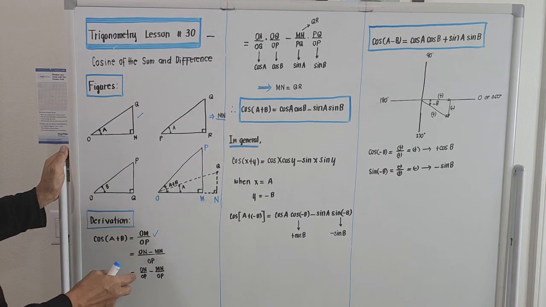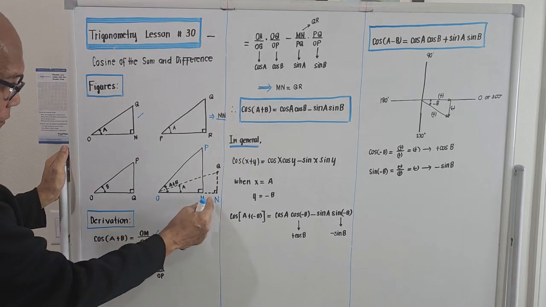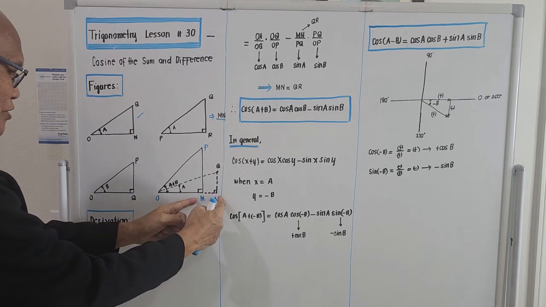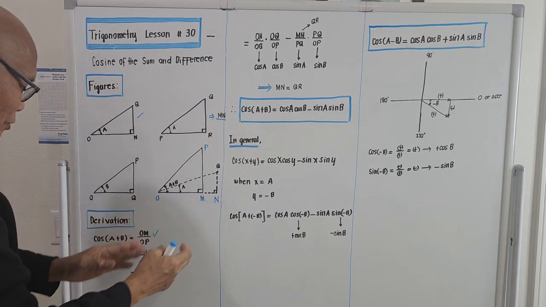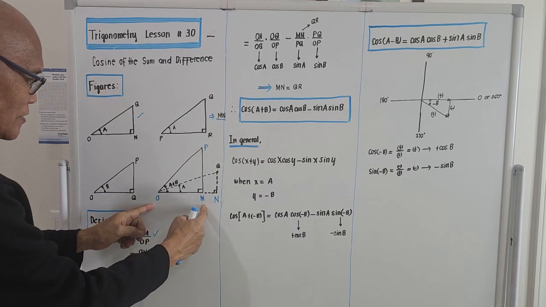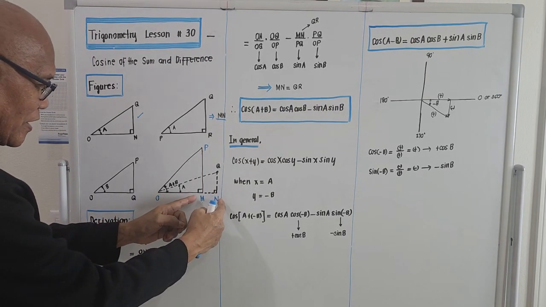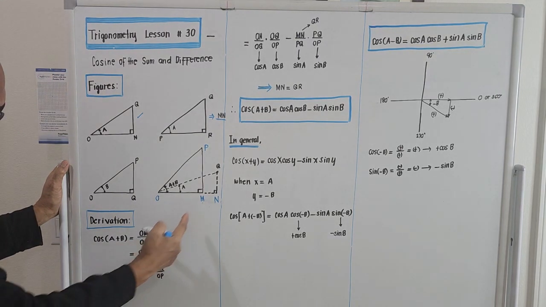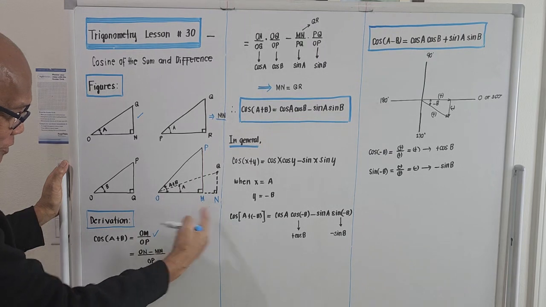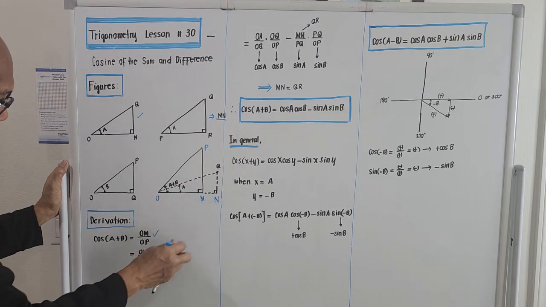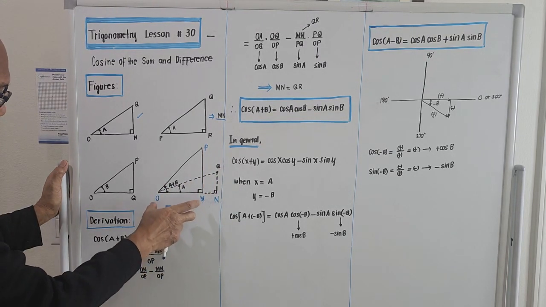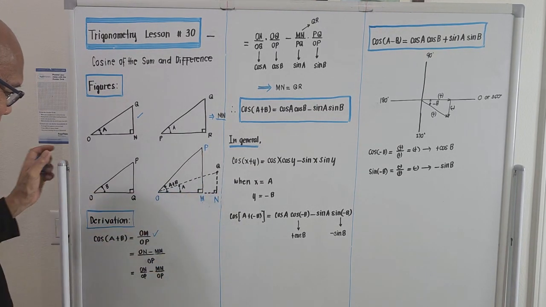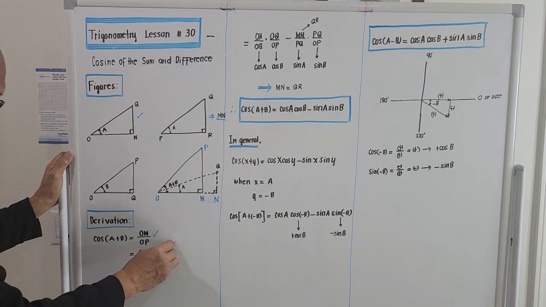From the figure, the total distance OM is ON minus MN. So this subtraction emanates from the dotted right triangle I brought out. OM is ON minus MN, so we agree with this one.